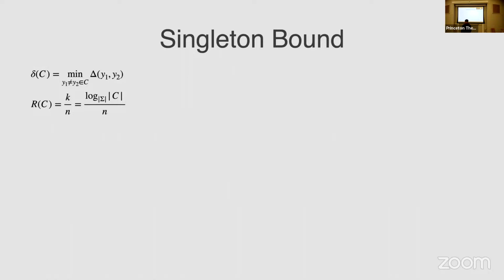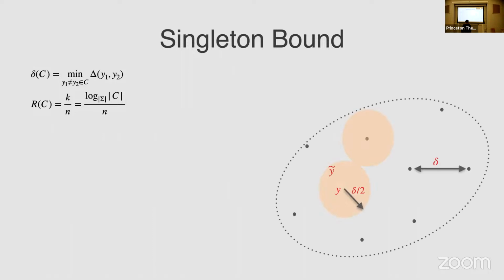There are properties of well-separatedness and the set being of large size. There is an inherent tension between these 2 parameters, because the rate is measuring how dense the set is and distance is how well separated it is. And the most basic bound that captures this tension is called the Singleton bound, which says that the sum of rate and distance cannot be more than 1.